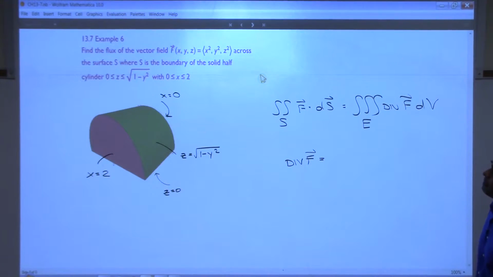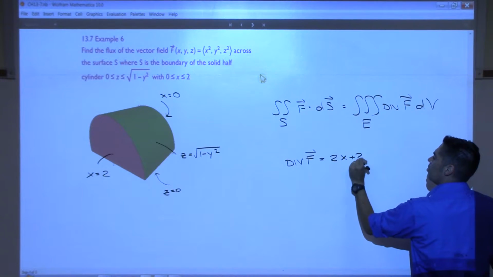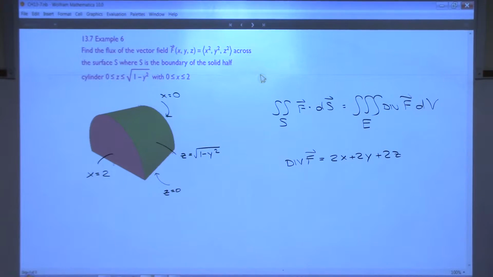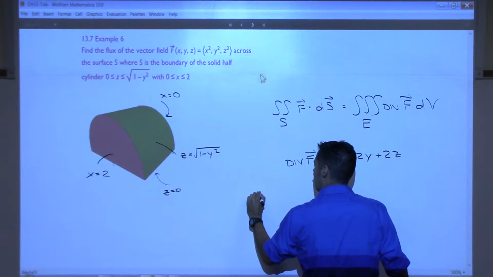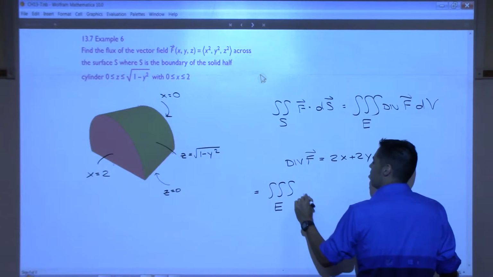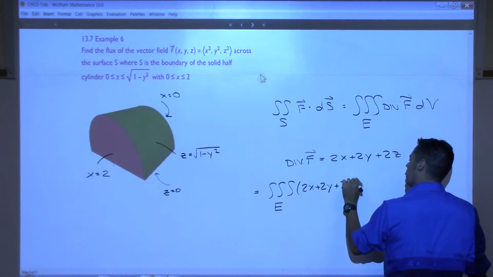What is it? 2x plus 2y plus 2z, right? Okay, well, it's not a constant, but it is what it is, right? So now this becomes the triple integral over E of 2x plus 2y plus 2z dv.